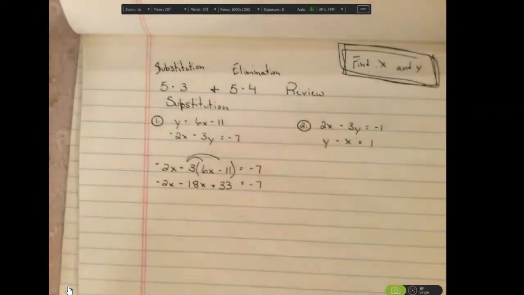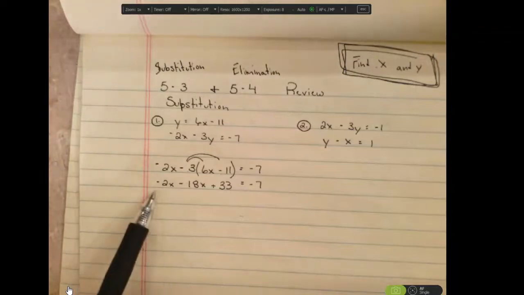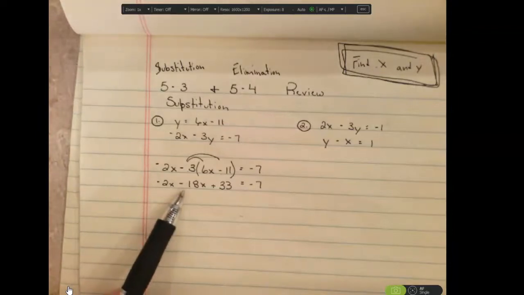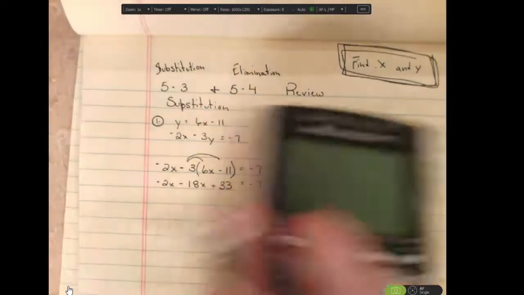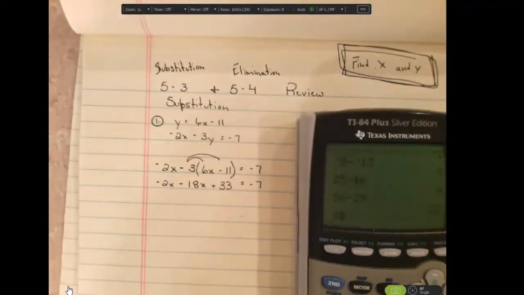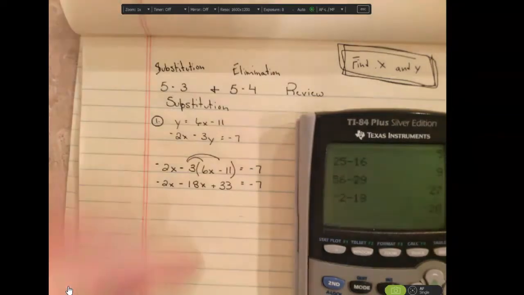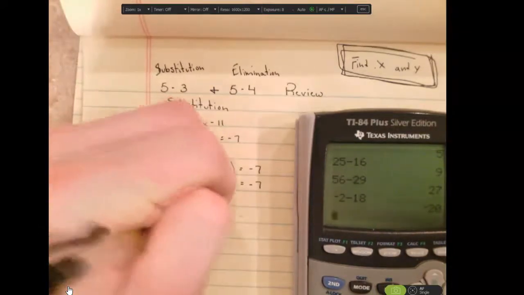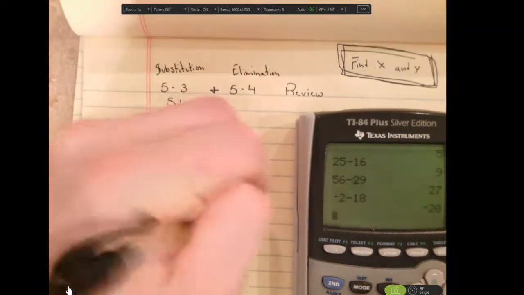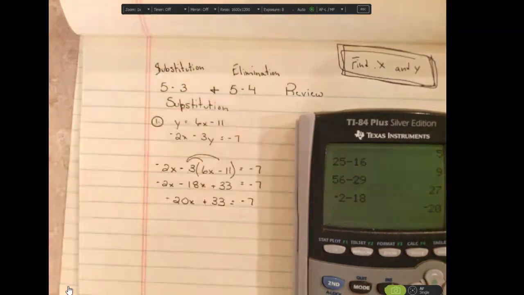Now let's get x by itself, so let's combine like terms: negative 2x minus 18x. If you need help, plug it in your calculator: negative 2 minus 18, there you go, negative 20. Negative 20x plus 33 equals negative 7.